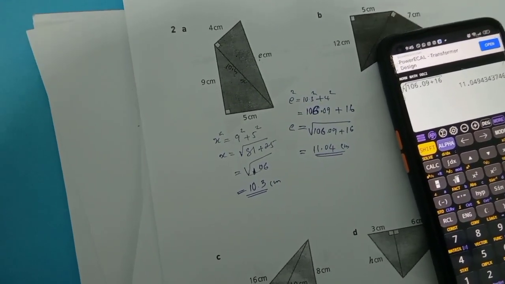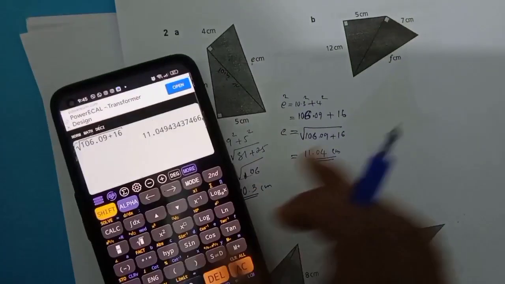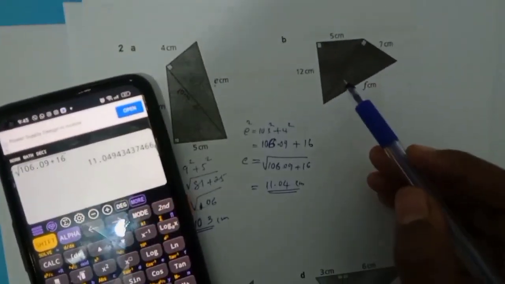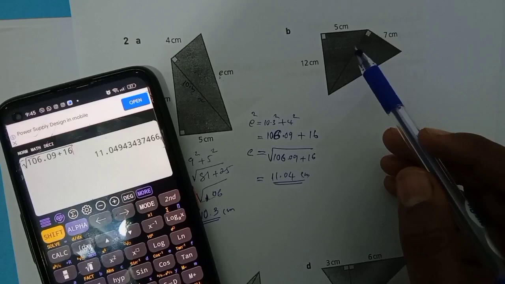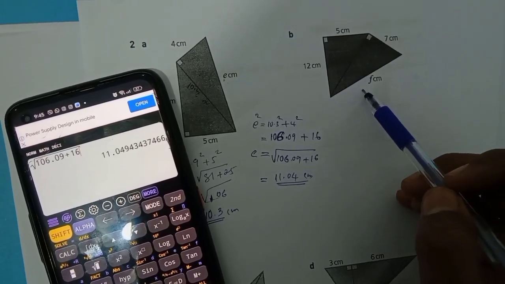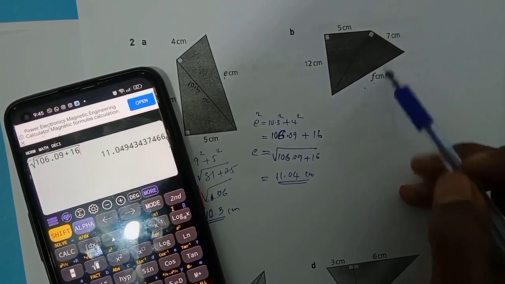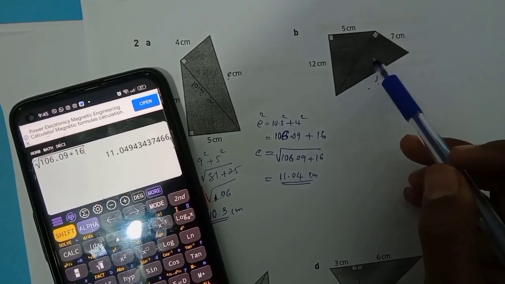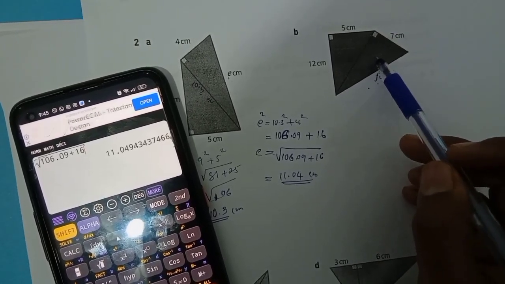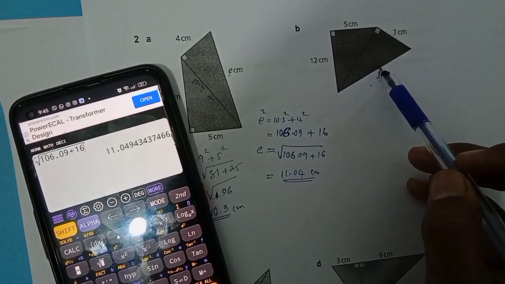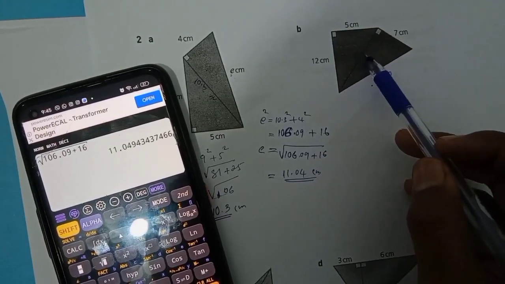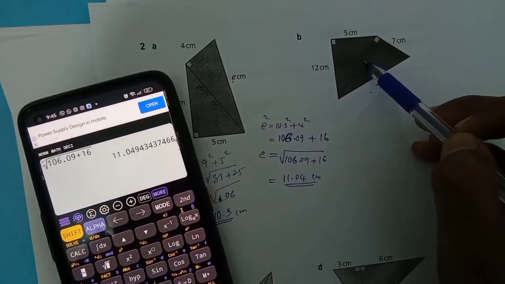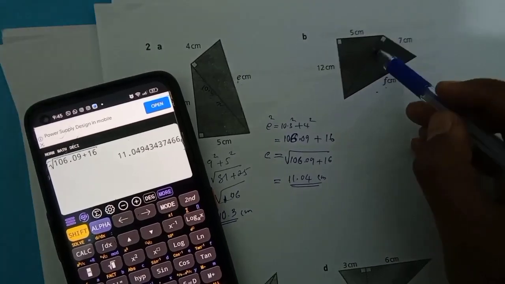Okay, so we can go to the next problem. Look at the next one. And F, here we want to find out the F, and F is the hypotenuse of this right triangle. So before going we need to find out this one. This one is also the hypotenuse of this first triangle.